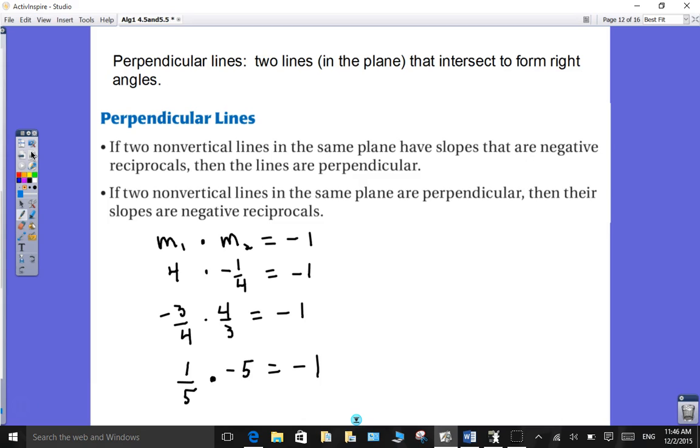And every one of those should have a product of -1. 4 times -1/4, the 4's cancel, and you're left with -1. -3/4 times 4/3, the 3's cancel, the 4's cancel, -1. 1/5 times 5, the 5's cancel, -1. So what you're looking for to see whether 2 lines are perpendicular is opposite sign, flipped fraction.